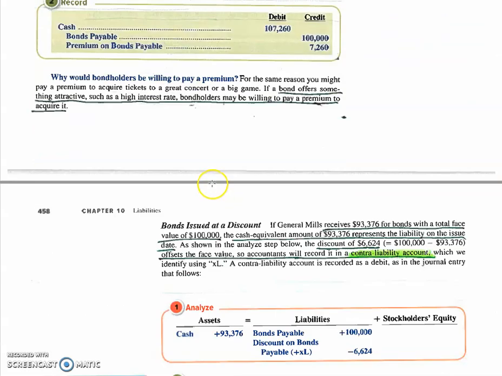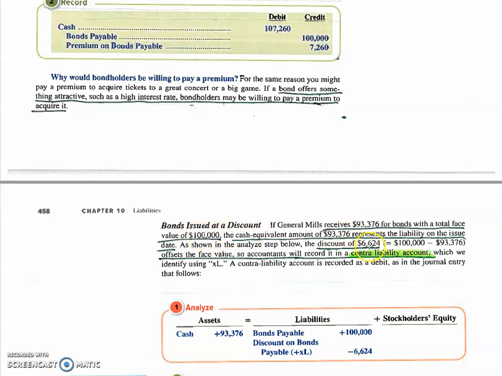So then bonds issued at a discount is the opposite. We sell bonds, $100,000 face value bonds for $93,336. Well, basically at maturity, these people are going to get paid $100,000.